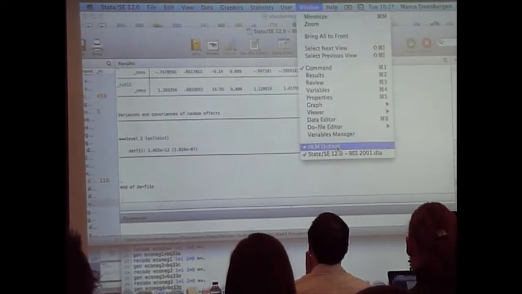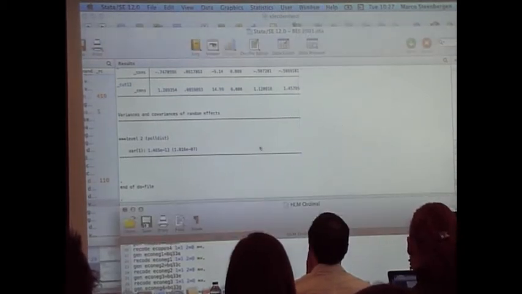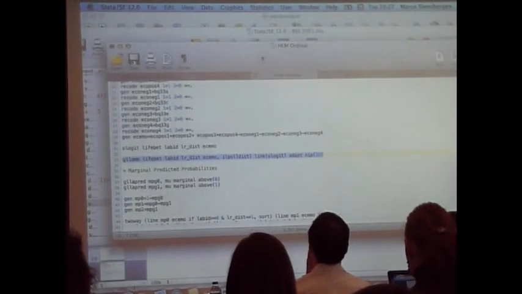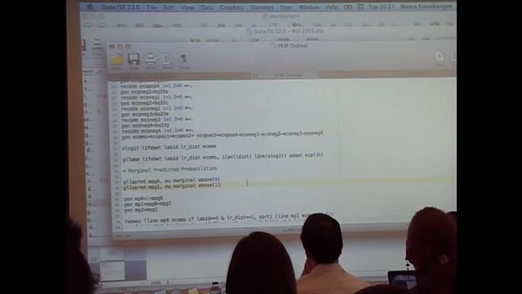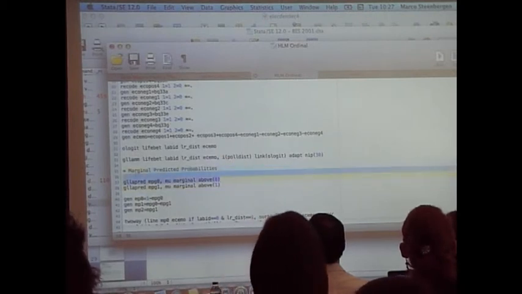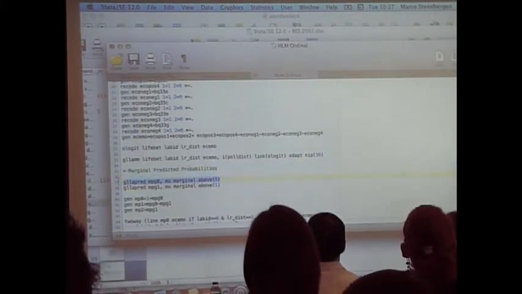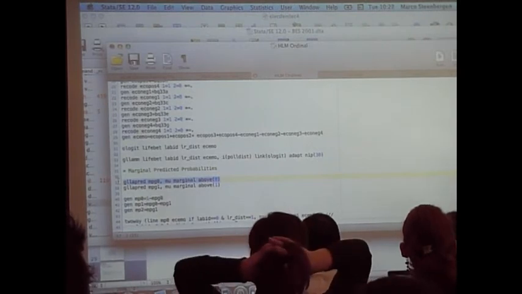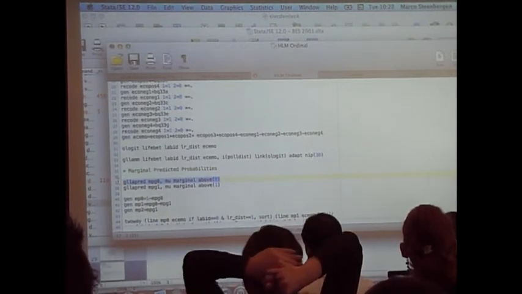So now I want to obtain the cumulative predicted probabilities, the cumulative marginal predicted probabilities, and here is the syntax. It's again GLLAMM predict, then you give it a name.